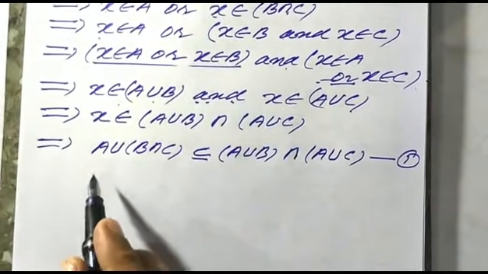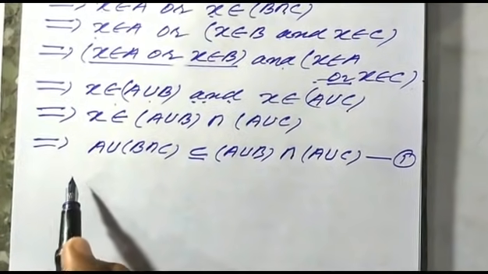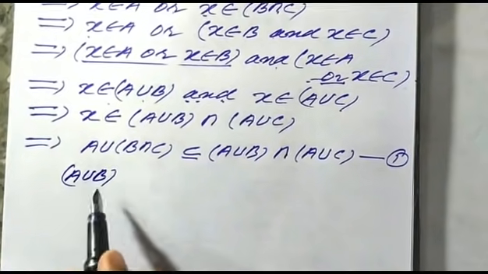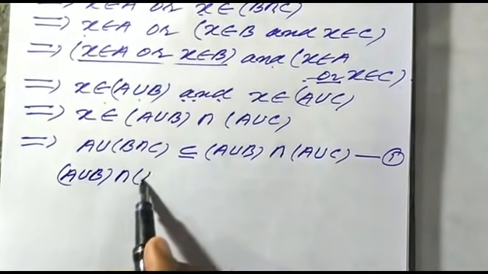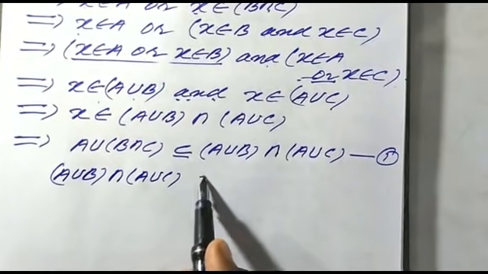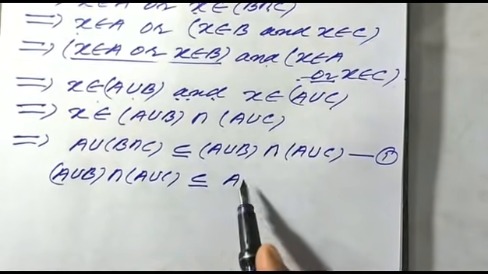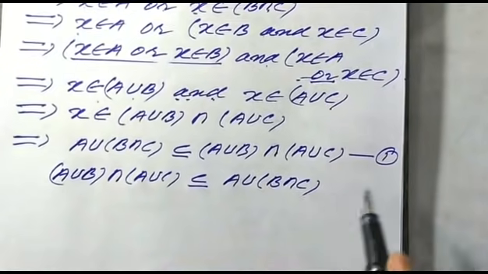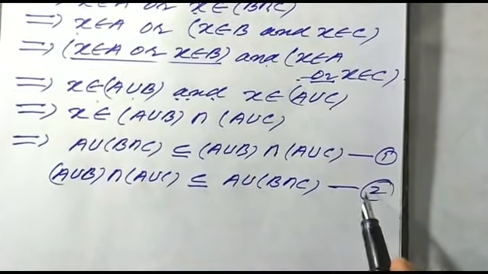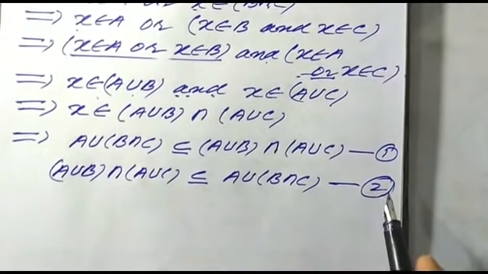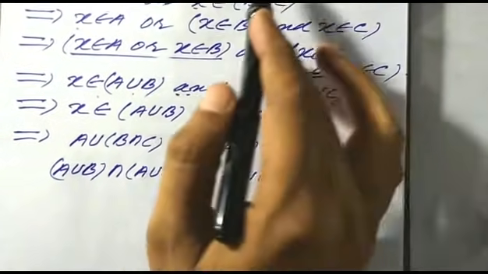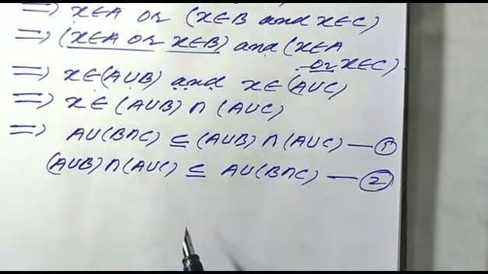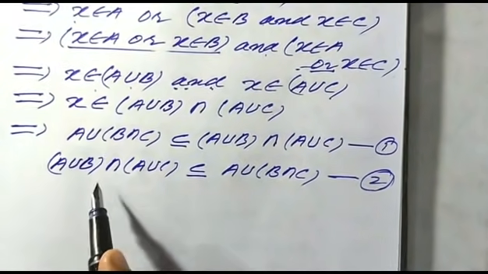Similarly, we may prove that A union B intersection A union C is a subset of A union B intersection C, taking Y as an arbitrary element from the right hand side, as we have done in the case of associative laws and commutative laws.